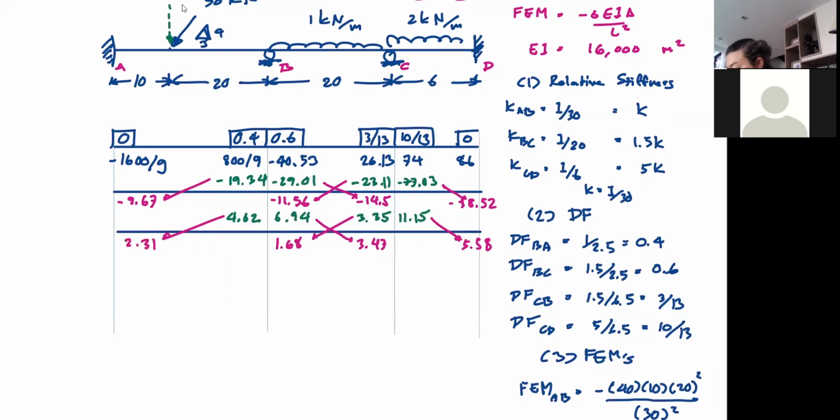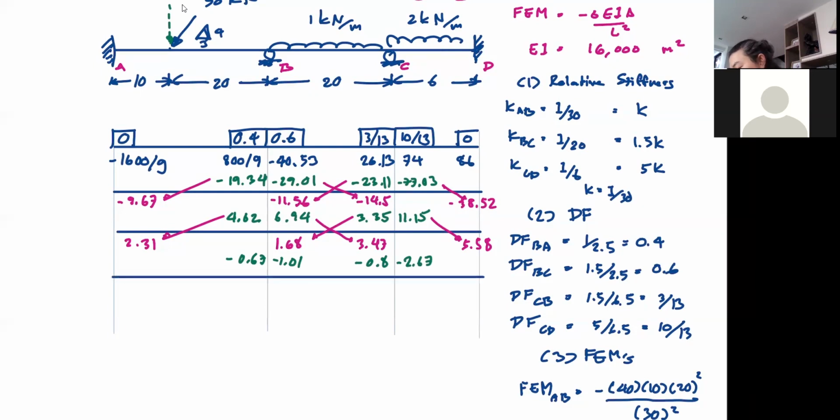Perhaps one more cycle would do. Okay, so here is minus 0.67, minus 1.01, minus 0.8, minus 2.67. So that will balance that. So that's the end of another cycle.